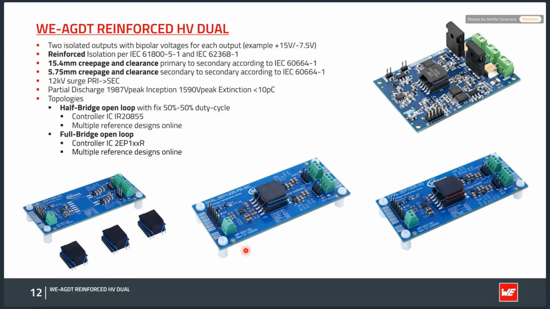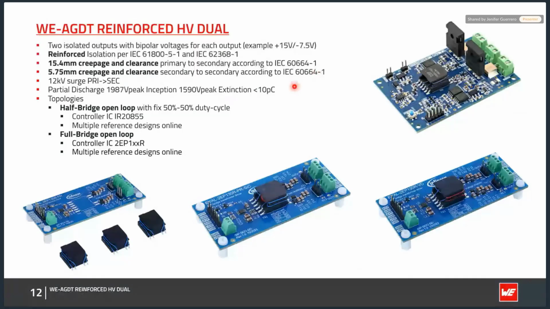And now let's take a look at the core of this presentation, our Würth Elektronik auxiliary gate drive transformer, reinforced with high voltage dual output transformer series. This series is designed for dual output gate drive applications with bipolar voltage for each output. I already said to you, for example 15 minus 7.5, but there are a lot of different outputs that we did.